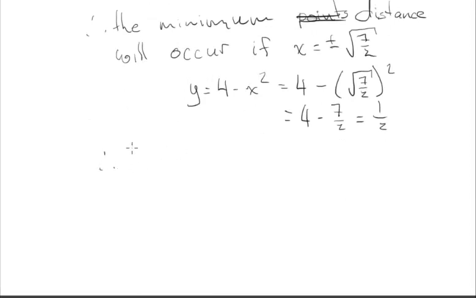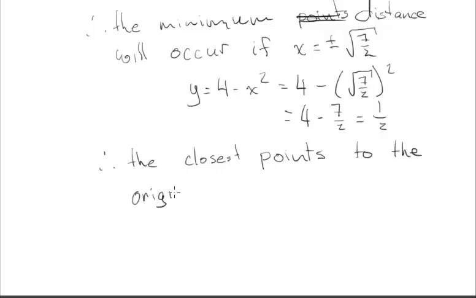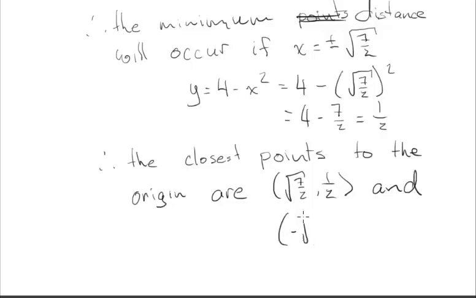So therefore, the closest points to the origin are, so we got the point root 7 over 2, 1/2 and minus root 7 over 2, 1/2, and that's the same y value, because if you had subbed in a negative here, you would have got the same y value.